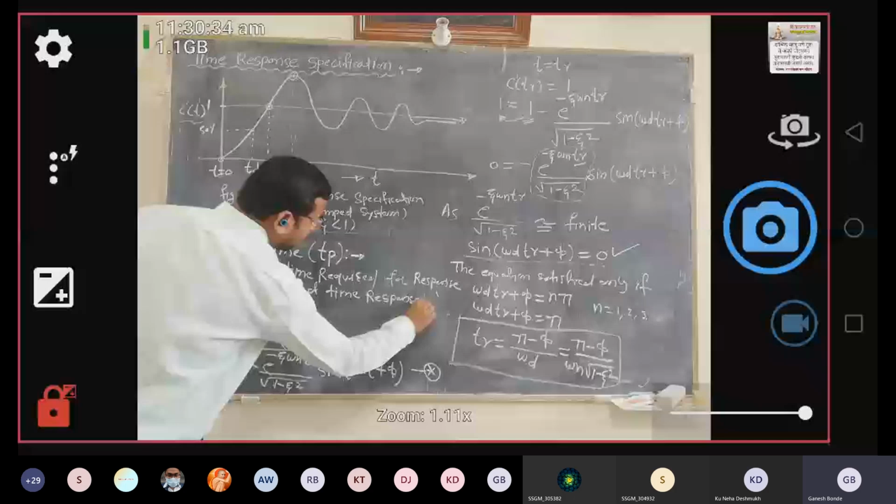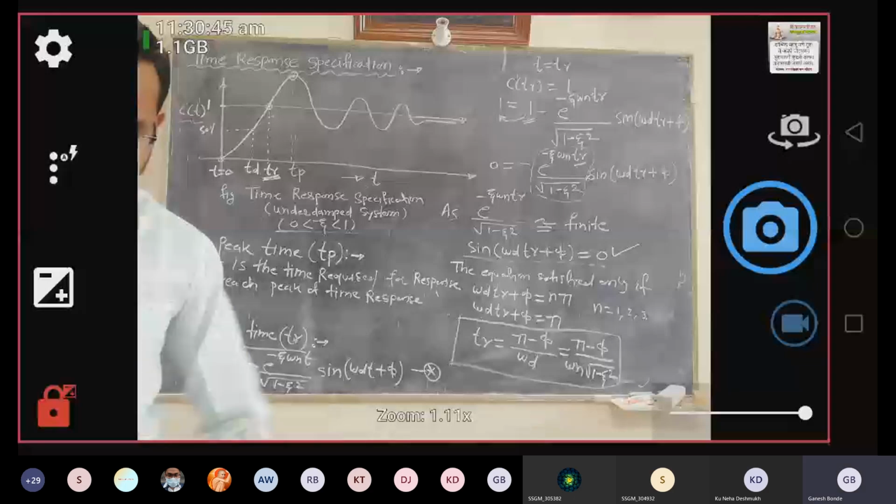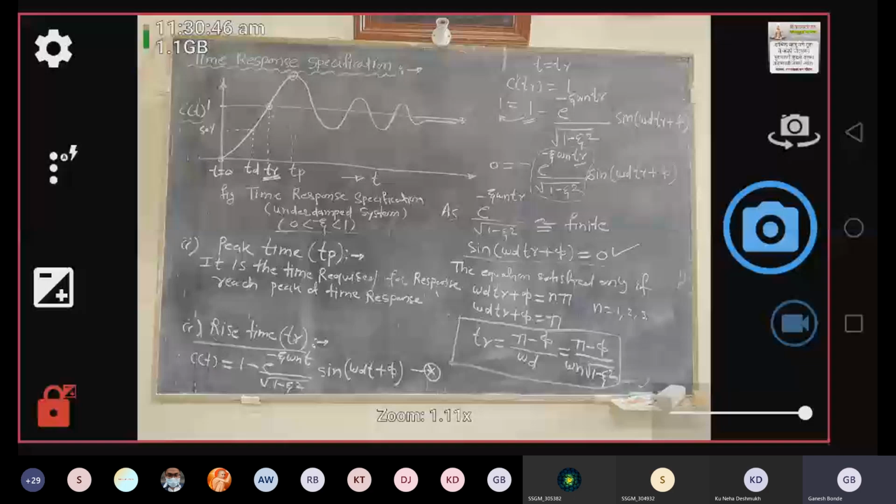Okay, it is called the peak time and it is denoted by TP.